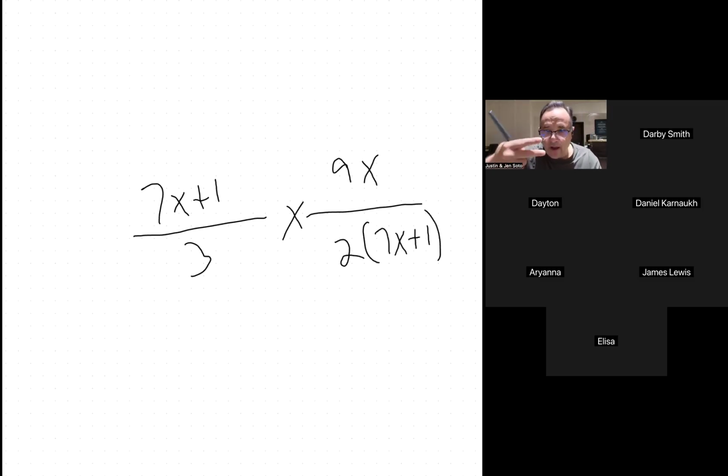So I did the reciprocal already, changed the sign, and then I also used the factoring method to reduce that. 14x plus 2. Pull the 2 out, 7x plus 1 left over.